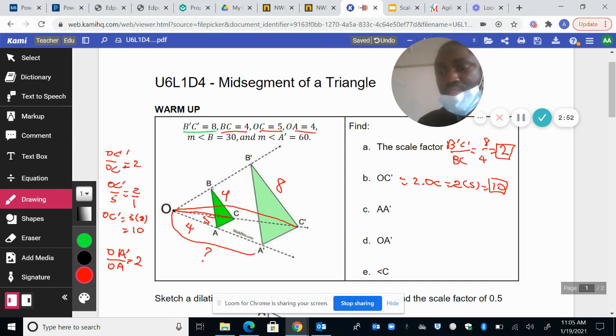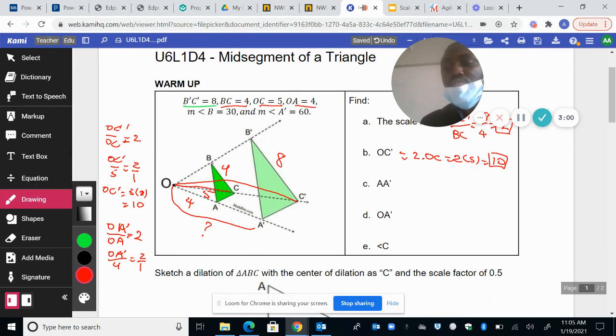So OA prime over OA, which is 4, equals 2, or 2 over 1. When you cross multiply, OA prime equals 4 times 2, which is 8. So OA prime is 2 times OA, which is 2 times 4, which is 8.